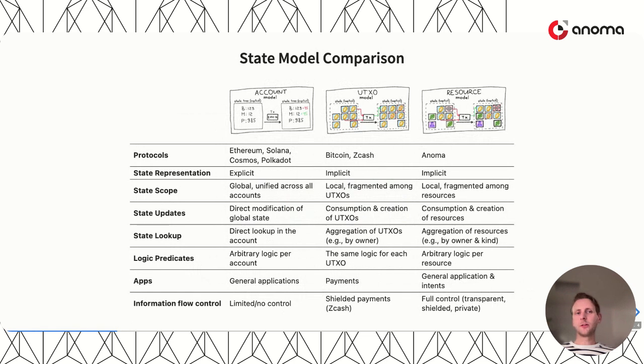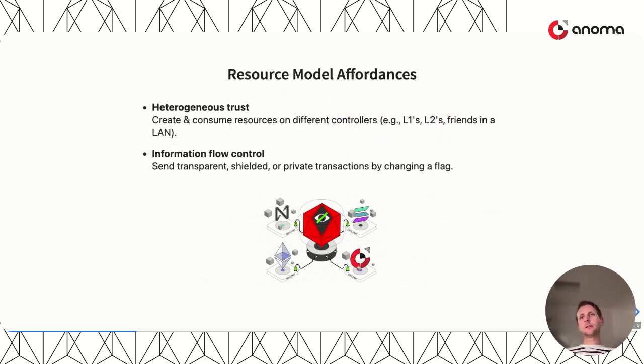You can have transparent, shielded, or even private transactions, like fully private if the zero knowledge technology arrives at this point. This creates several advantages that you can make use of.